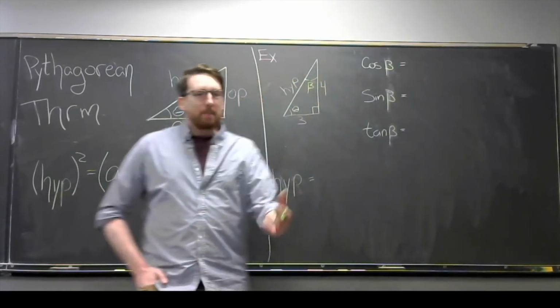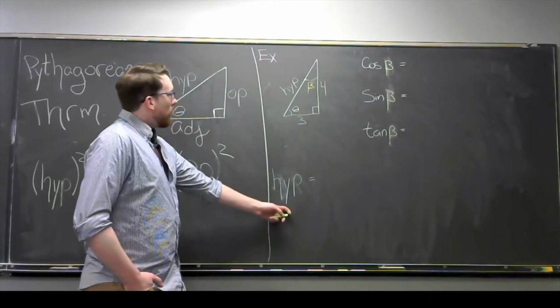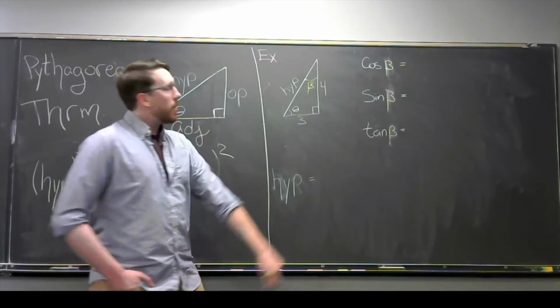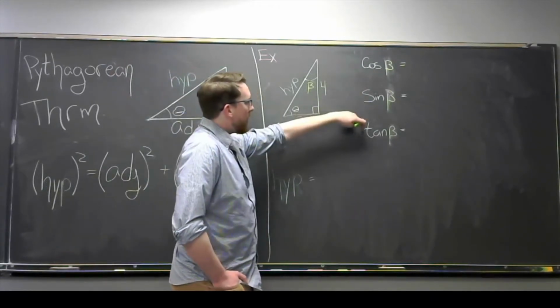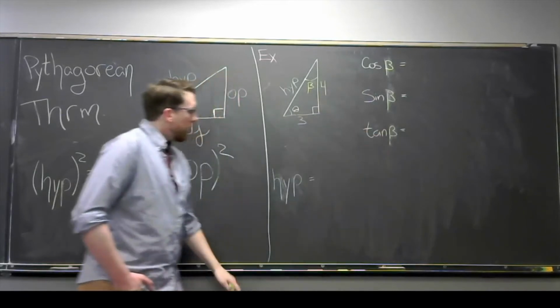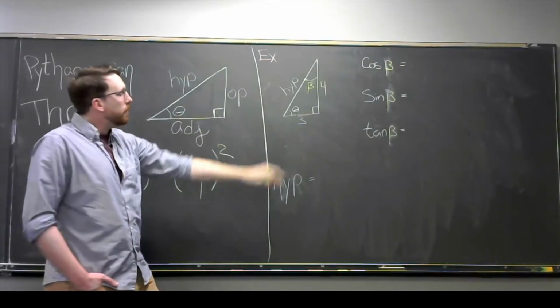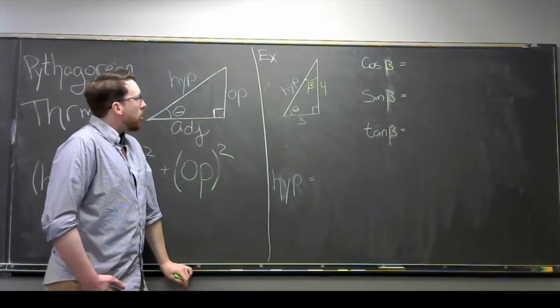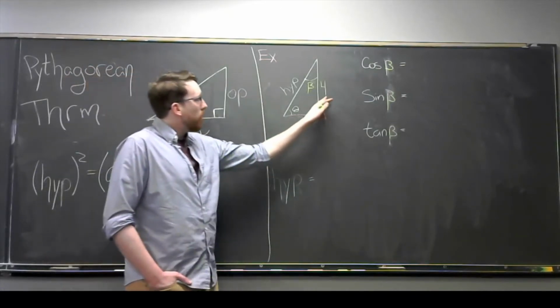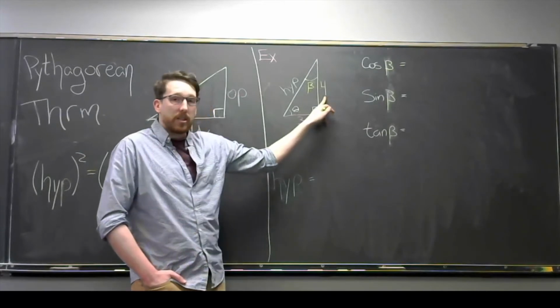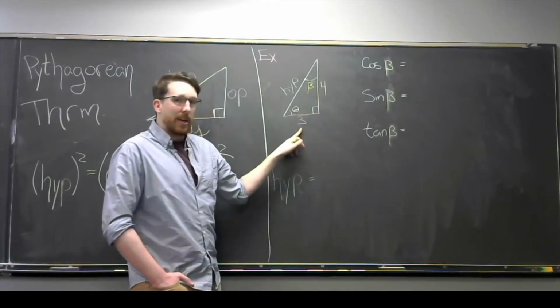So having said that, first thing we're going to want to do, if we want to find cosine, sine, and tangent of beta, the first thing we're going to want to do is find the length of the hypotenuse. Well, luckily, we've been provided with the length of our adjacent side and our opposite side.